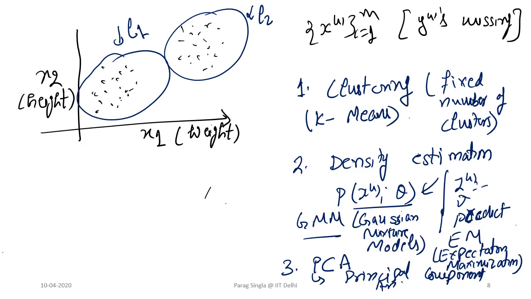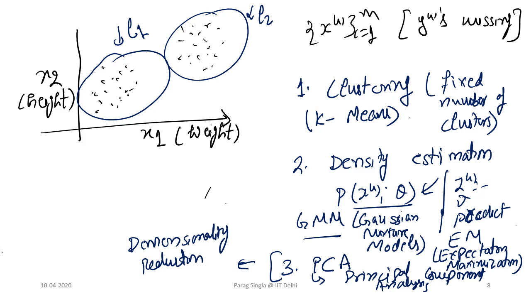And then finally, we will study what is referred to as PCA, or principal component analysis. This is a technique for dimensionality reduction. Here the idea is that given data in a very high dimensional space, you figure out the underlying pattern in the data. For many problems, you can show that the data lies in a much smaller subspace.